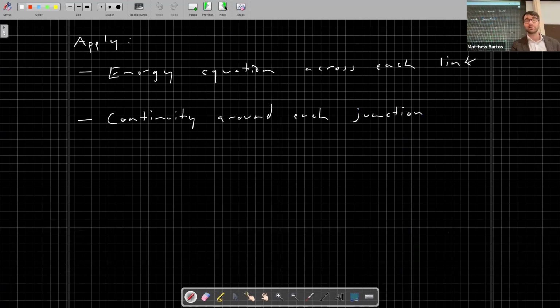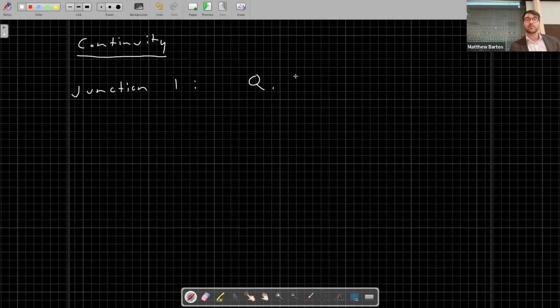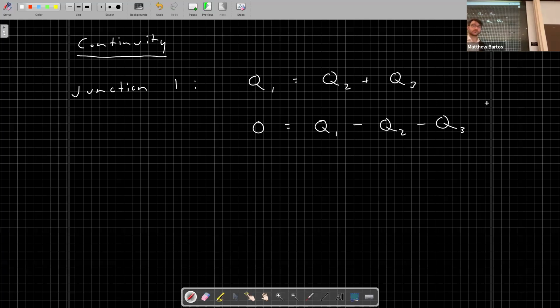So we have that Q1 is equal to Q2 plus Q3. And as is the general convention in this class, we can rearrange it: 0 is equal to Q1 minus Q2 minus Q3. This will help when we go to formulate our Excel workbook later.